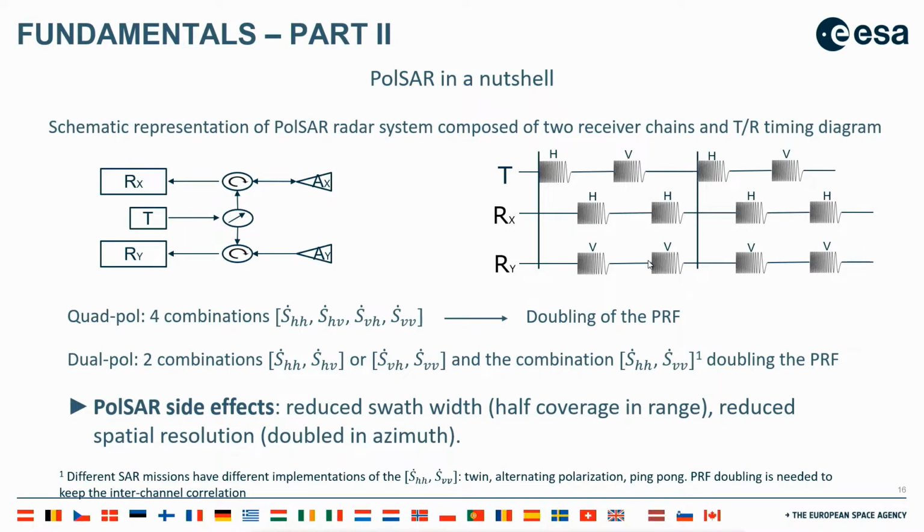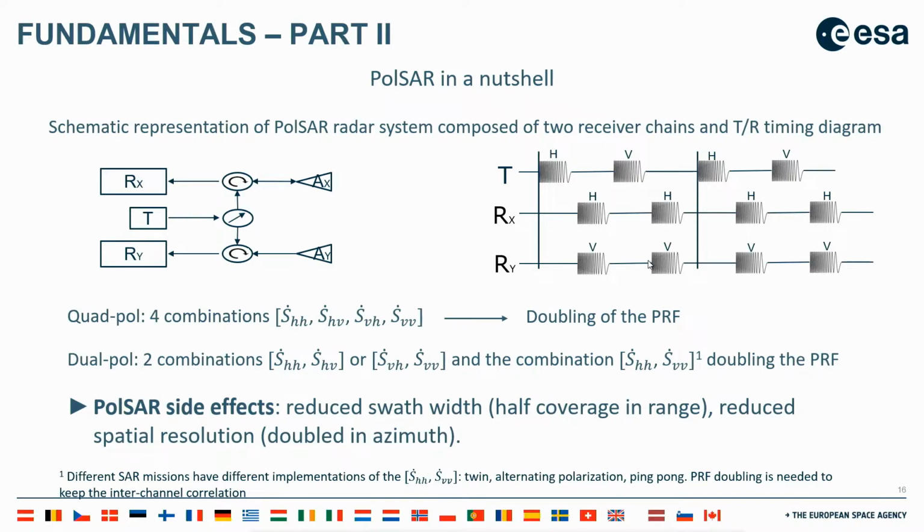But you also have the so-called dual-pol combinations, which means you are only receiving the combination HH-HV or VH-VV, and also the combination HH-VV, which in some missions is called twin mode.